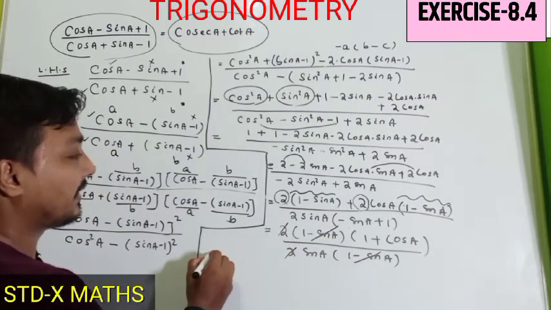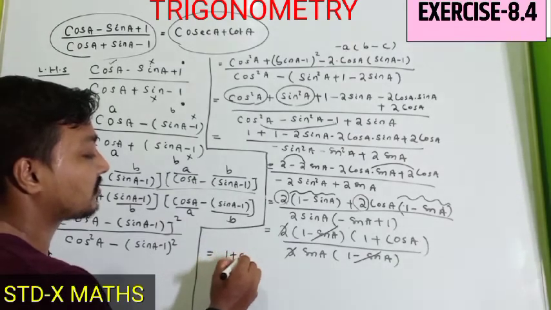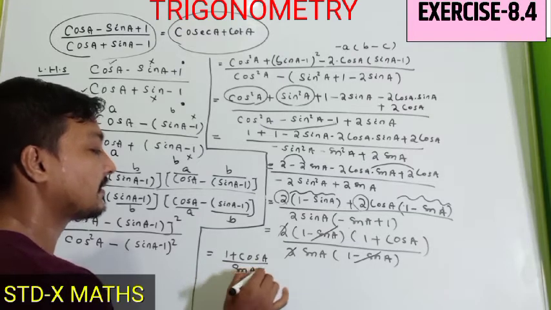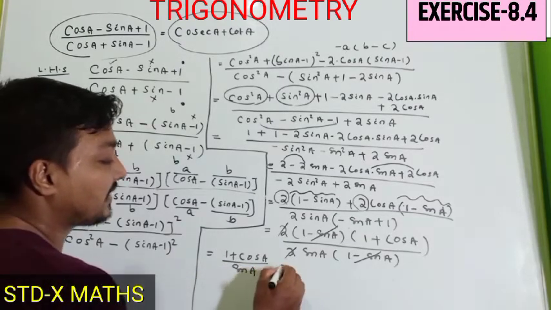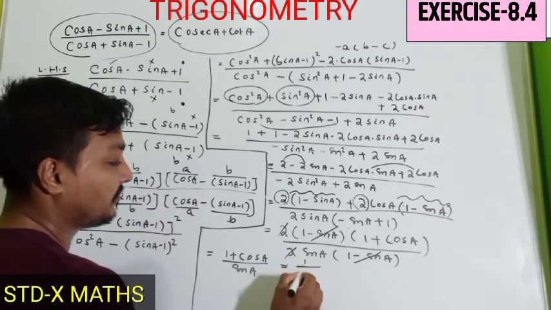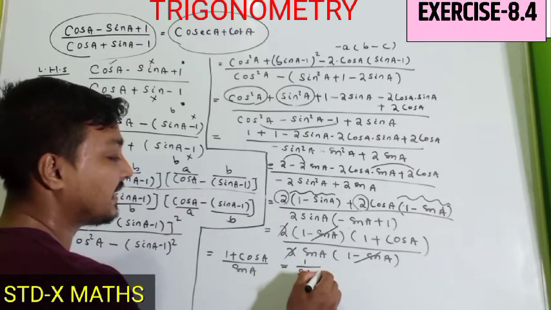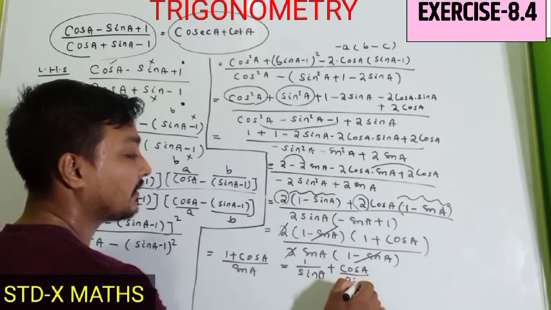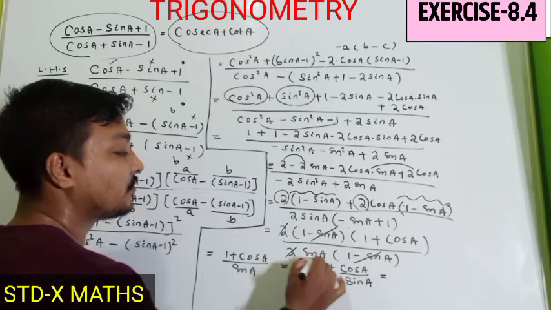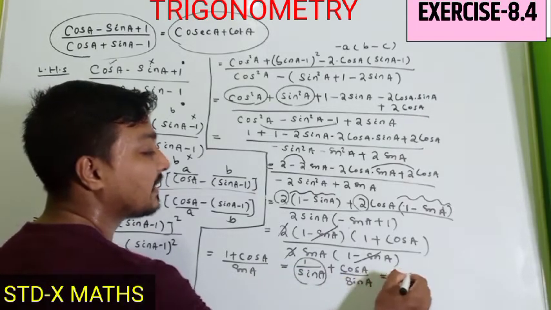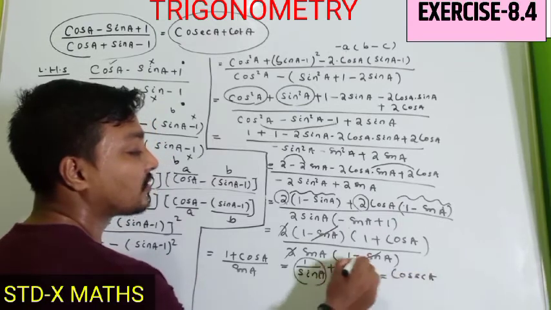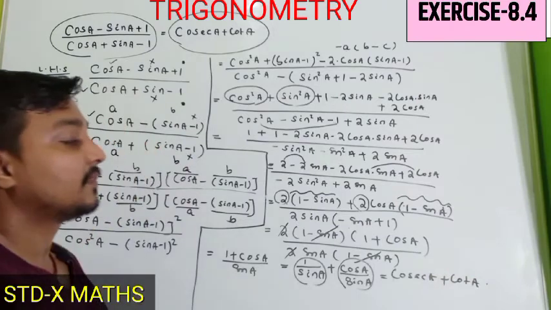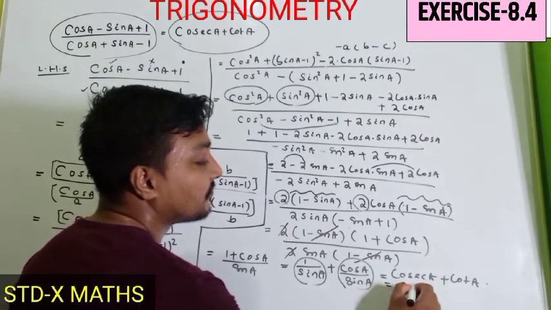So only the left one is 1 plus cos A divided by sin A, which can be simplified into 1 by sin A plus cos A divided by sin A. Here 1 by sin A is our cosec A, and cos by sin A is our cot A, which is our RHS.